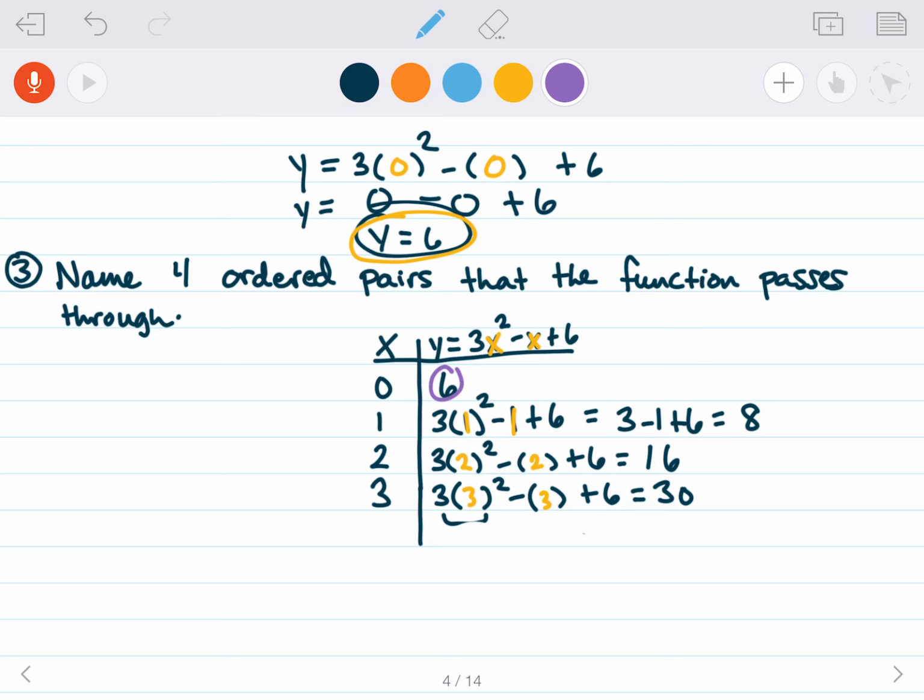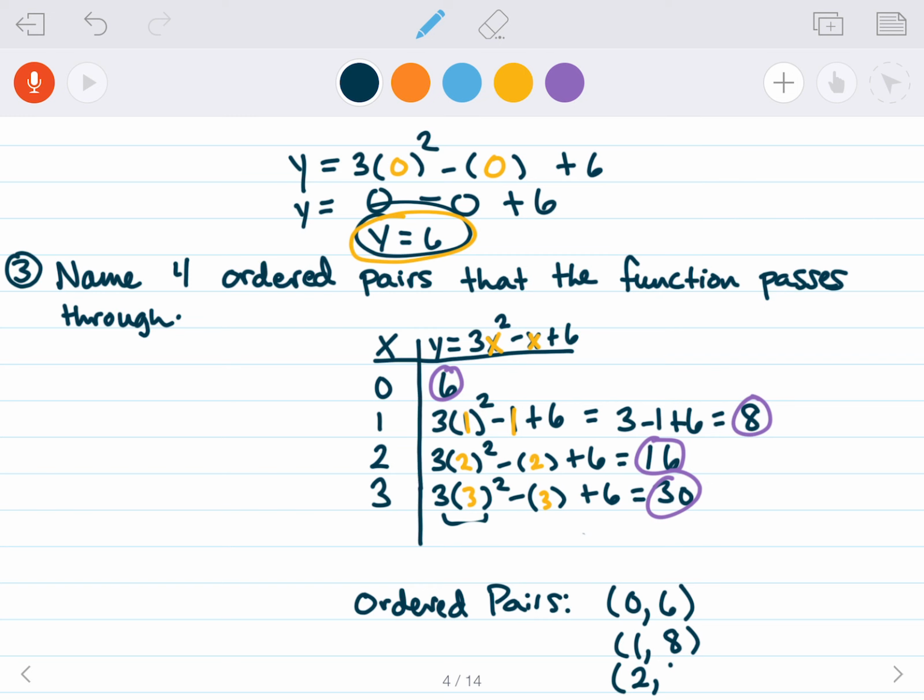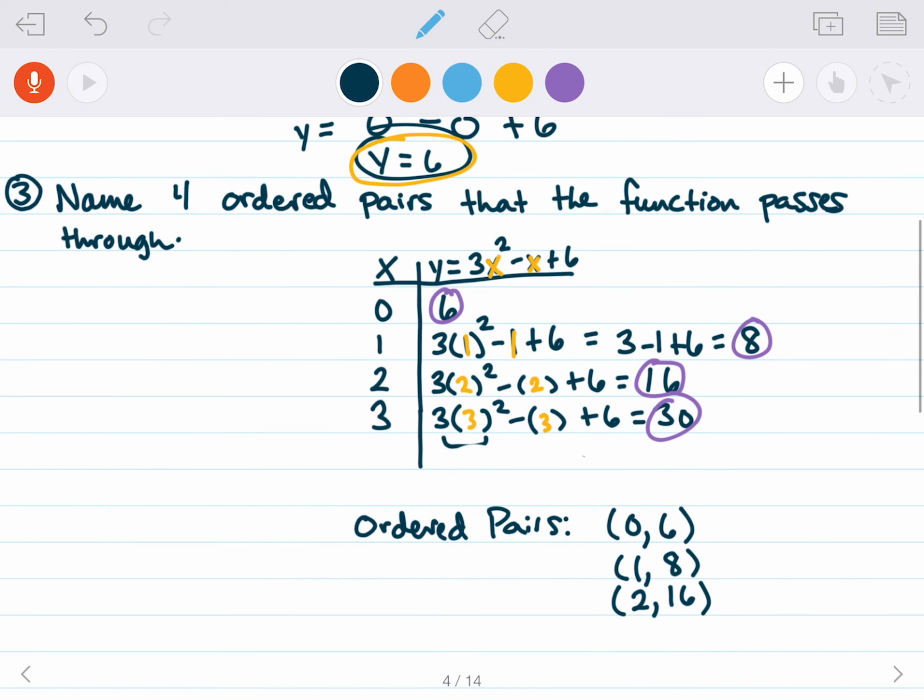Remember, my ordered pair is just my input and my output, my y value, when I plug in my input into the function. So I have (0, 6), (1, 8), (2, 16), and (3, 30). And I do encourage you to verify this on Desmos, that these are actually on the graph.